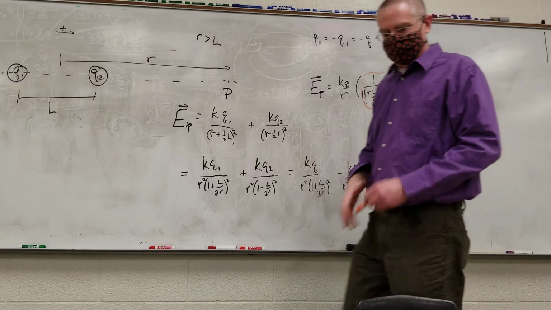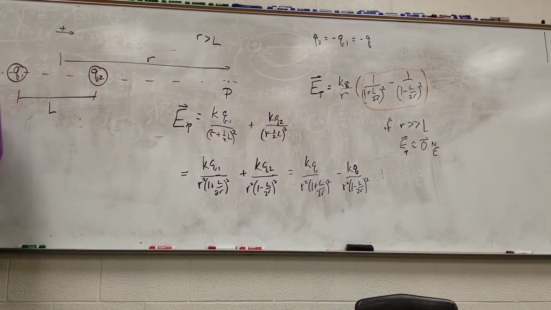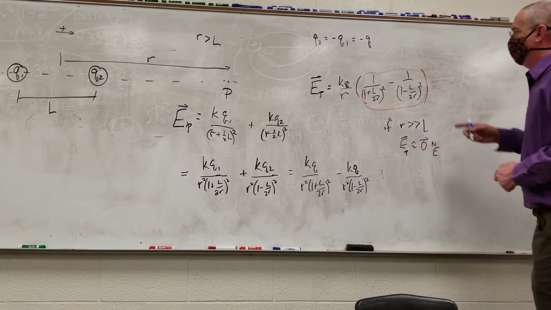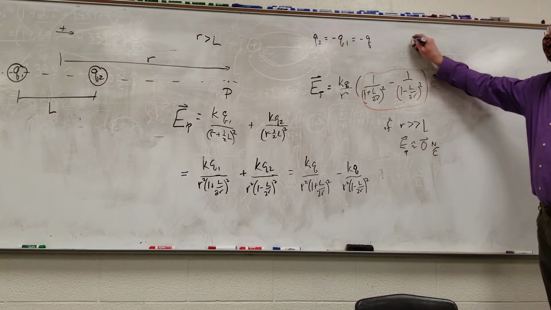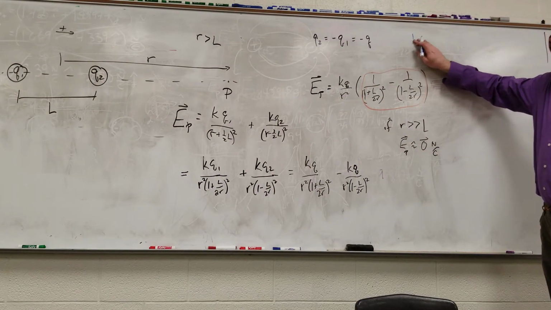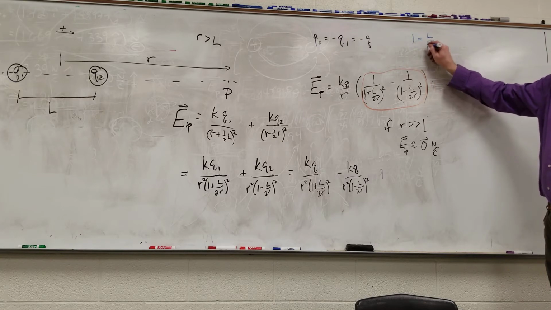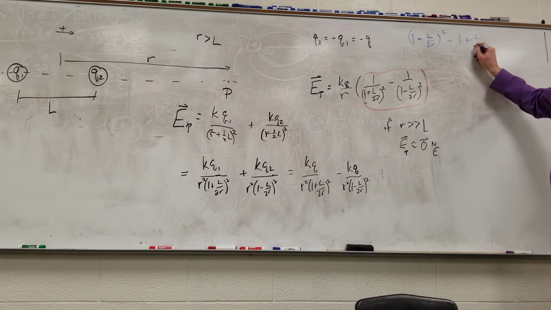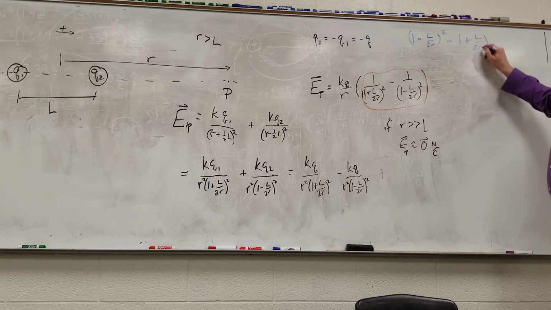Now let's see if I can find blue. I don't think we've used blue today. This becomes 1 minus L over 2R squared minus 1 plus L over 2R squared. Parentheses in the wrong spot.